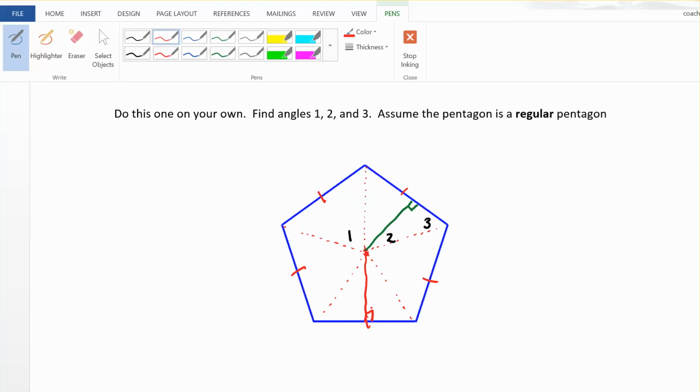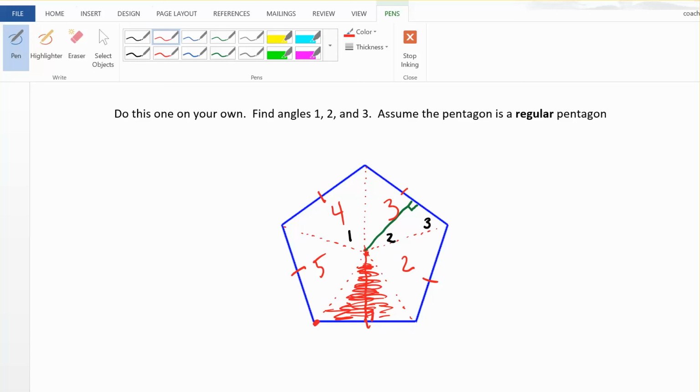So what I want to do is look at this triangle that we just made, and let's find the area of that triangle. Because if I can find the area of this red triangle, there are actually 1, 2, 3, 4, 5 of them. So I could find the area of this triangle and multiply it by 5. That would be one way to do it. So let's focus on just this triangle.